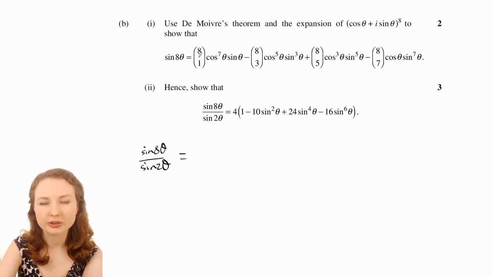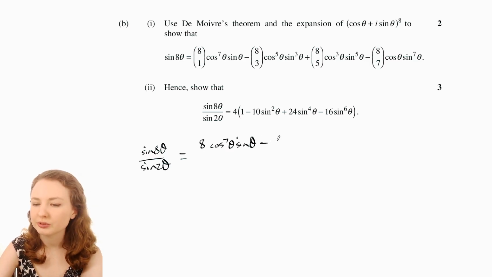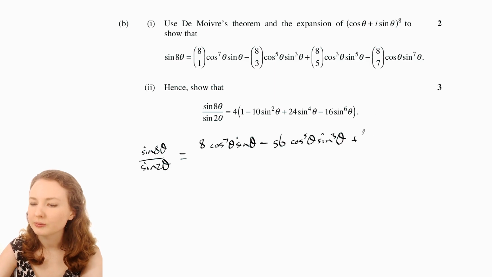So let's work out what these coefficients are. 8 choose 1 is 8. And then we've got 8 choose 3, which is 56. You can just do those on your calculator if you want to. Then we've got 56 again, and 8 again.